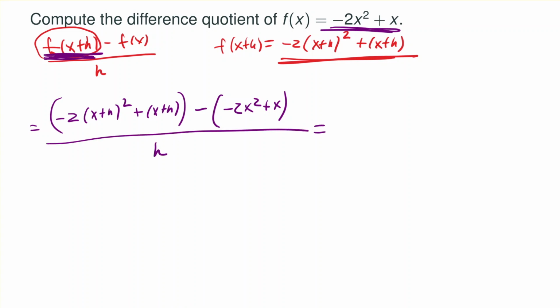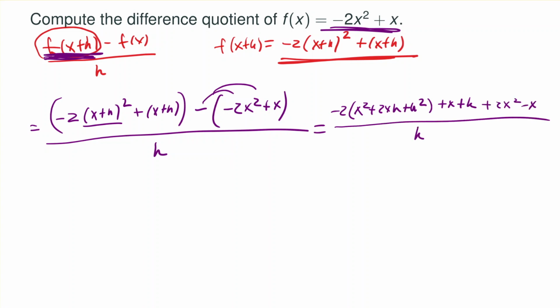Then let's multiply these out. We get negative 2 times x squared plus 2xh plus h squared, plus x plus h. Distribute the negative sign: we have positive 2x squared minus x, entire thing over h.